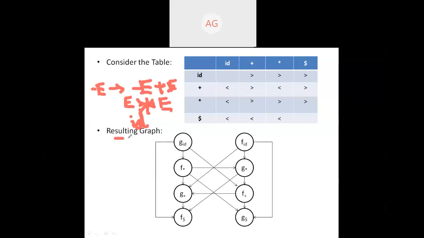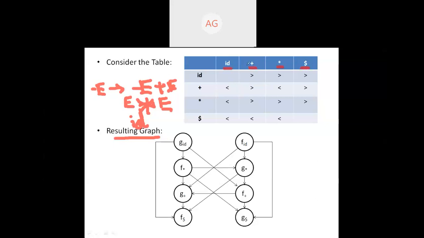Which is in the form of this graph. As we know, for every terminal we need to put two nodes, like in the graph we have nodes and edges. Here we have four terminals: id, plus, into, and dollar.